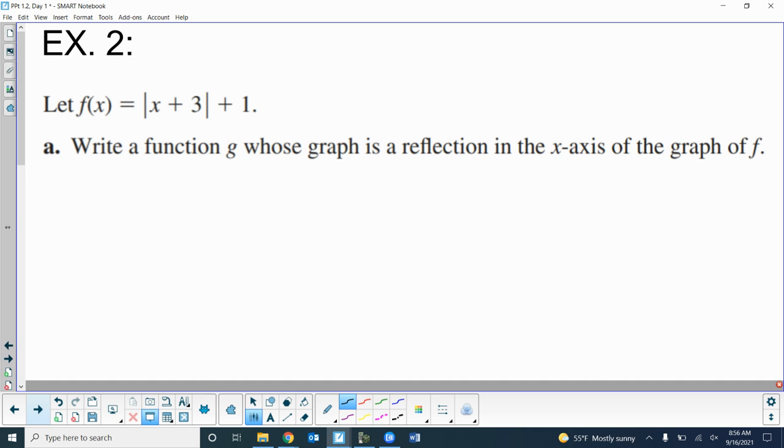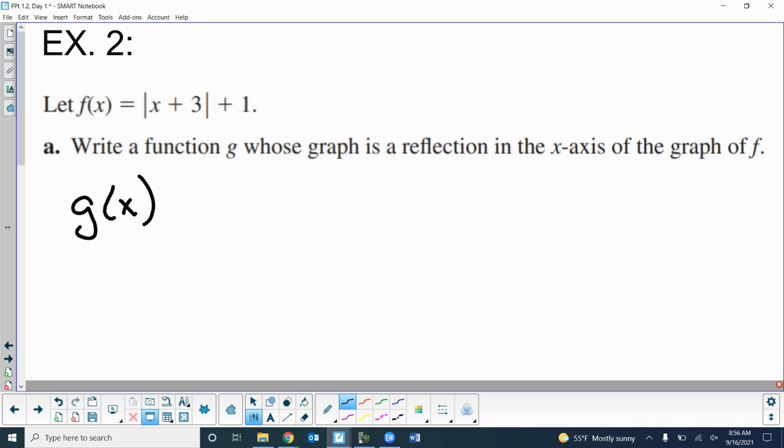All right. So let's do this one together. We're doing across the x. Okay? And which family are we in here? Absolute value, right? So for our g of x, remember when we reflect about the x, it's the opposite of the whole thing, the y, right?